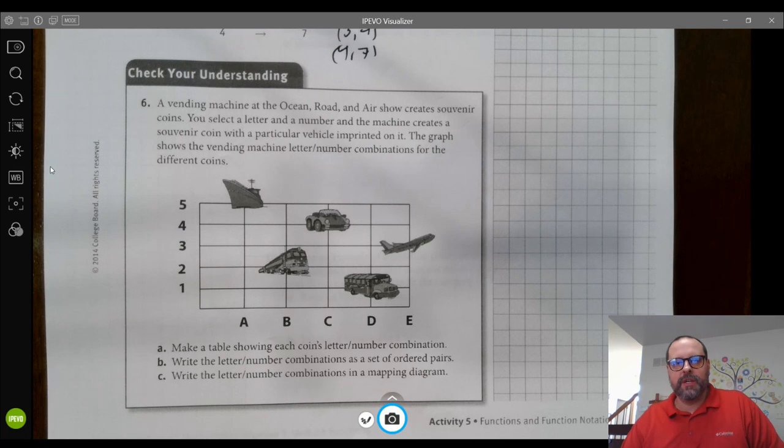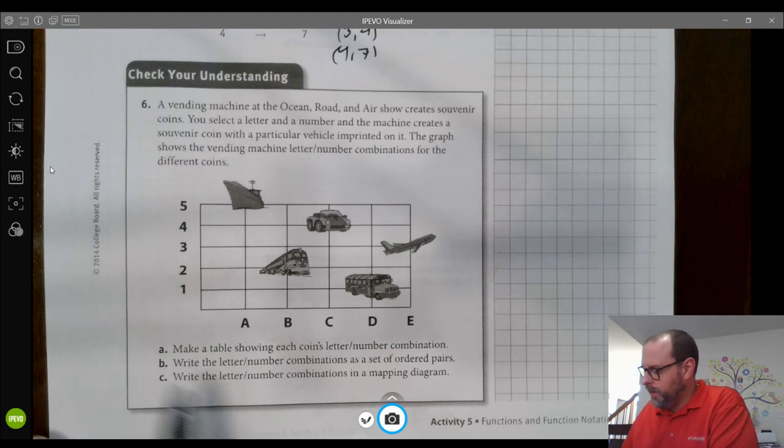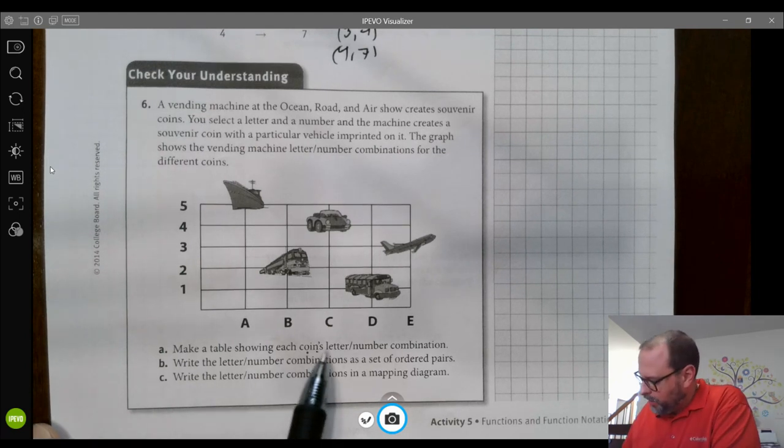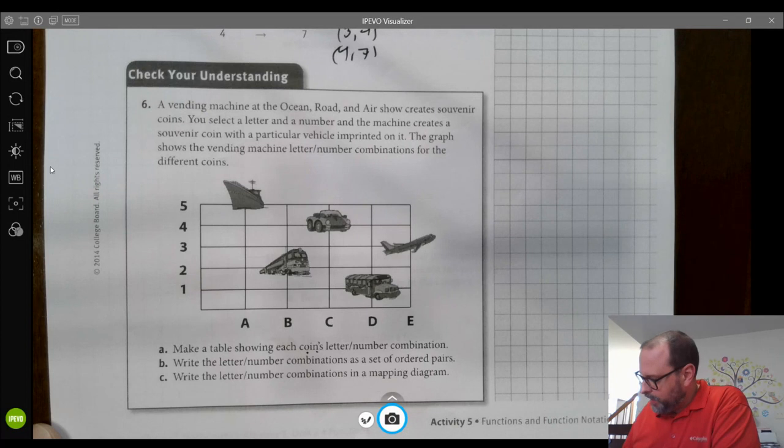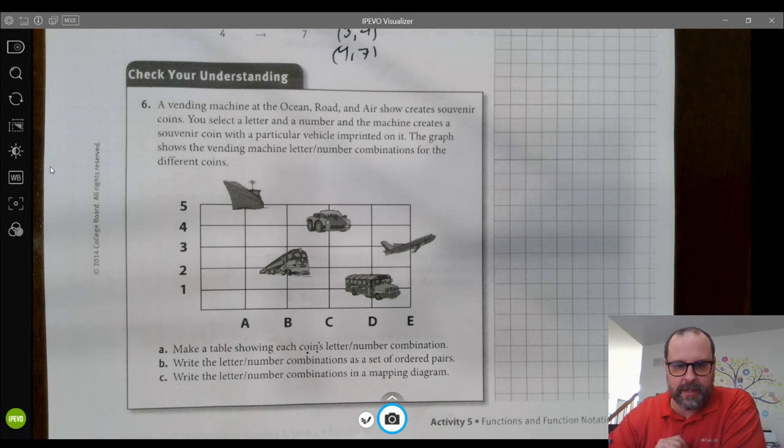We have a vending machine at the Ocean Road and Air Show that creates the souvenir coins, and you're selecting it. So it's just trying to show, well, what am I going to get? Make a table showing each coin's letter-number combination. So A5 would give me a ship. B2 would give me a train. So you could just make that. You should have made that combination there.